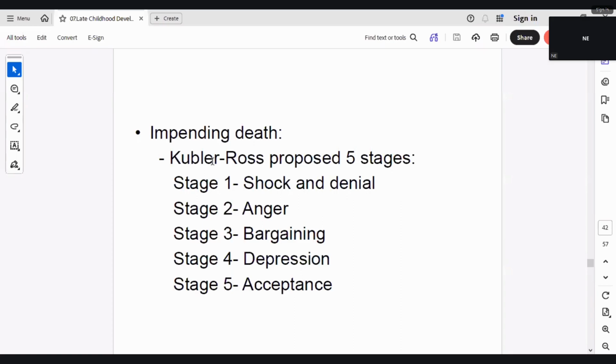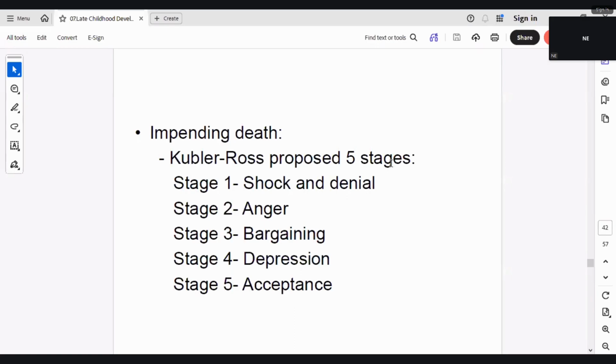Kubler-Ross talked about 5 stages that a person goes through if they are told that they're going to die. Okay, so we see it a lot with cancer patients or people who have terminal disease.